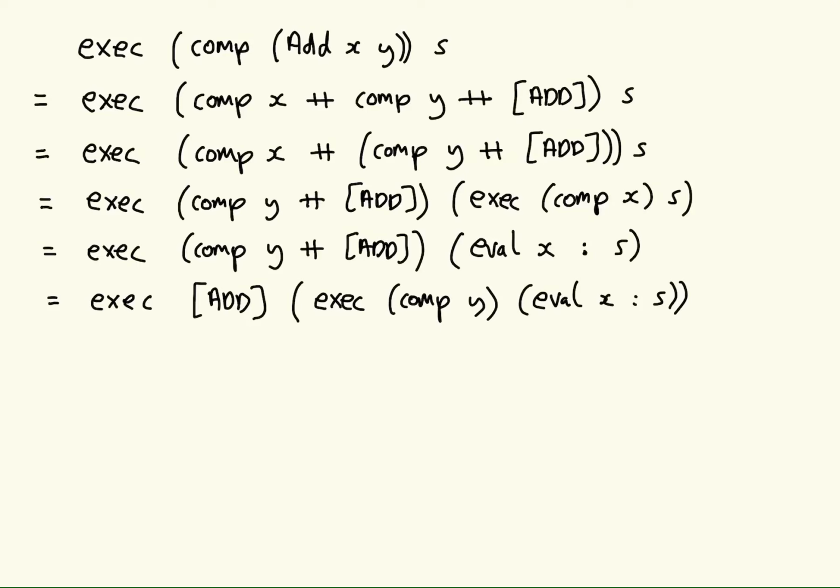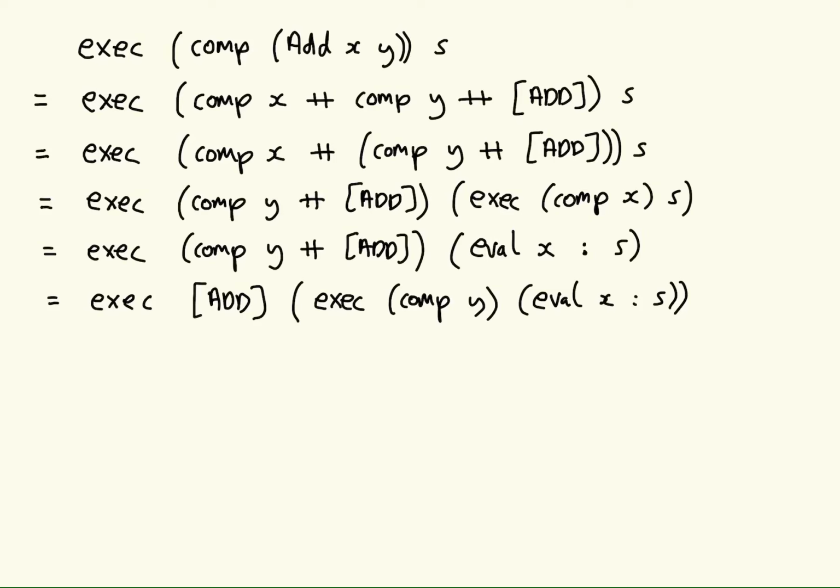So again, just to emphasize what we've done, we've got two pieces of code appended together here. The distributivity lemma tells us that if we execute those two pieces of code, we execute the first piece of code using the stack, and that will give us a new stack, and then we can use that new stack to execute the second piece of code. So again, just a simple application of the distributivity lemma.